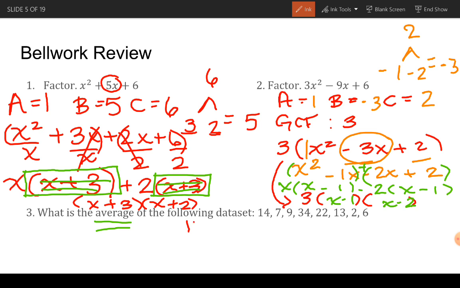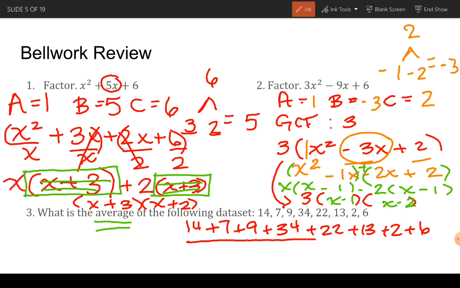So we'll have 14 plus 7 plus 9 plus 34 plus 22 plus 13 plus 2 plus 6, all divided by the number of numbers. So let's count. 1, 2, 3, 4, 5, 6, 7, 8, all divided by 8.